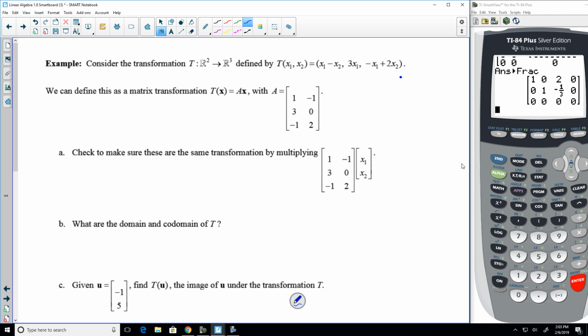And you can define this with a matrix transformation if you use this matrix A. I want you to look at the matrix A and look at the definition of the transformation, and you tell me if it makes sense. If I were to multiply this by my vector x that I'm plugging in, that has entries x1 and x2, what do we do?